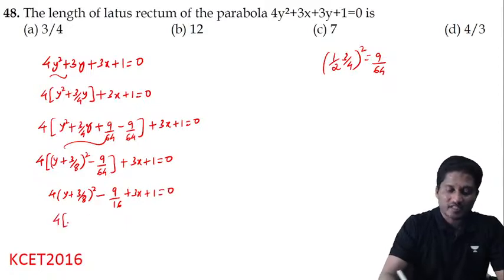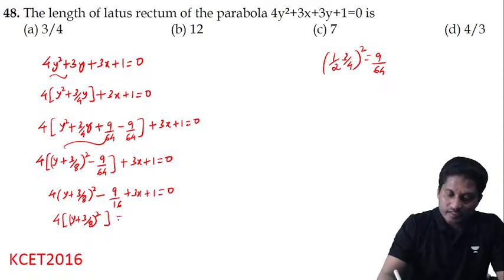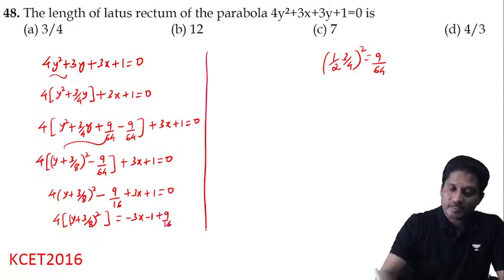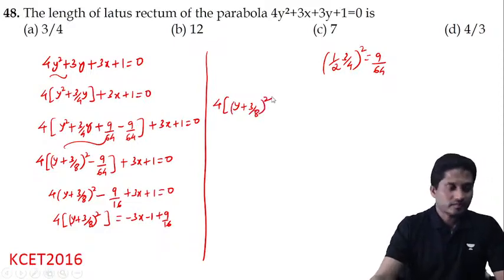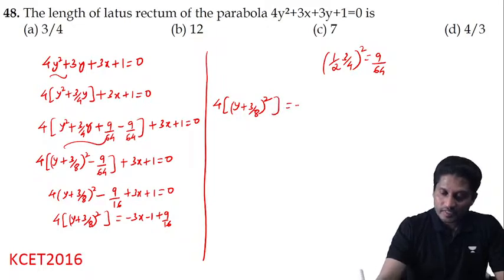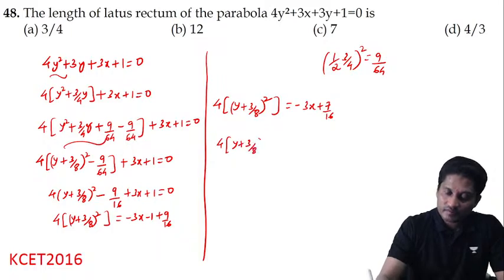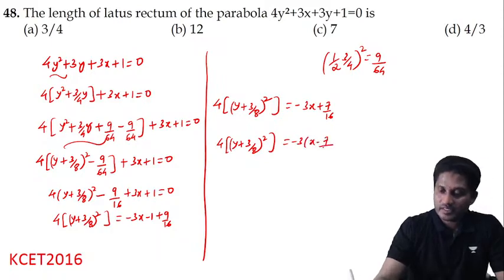You will get sometimes lengthy questions like this. 4 times y plus 3 by 8 the whole square is equal to minus 3x minus 1 plus 9 by 16, that is, minus 3x plus 7 by 16. So 4 into y plus 3 by 8 the whole square equals minus 3, if you take it common, x minus 7 by 48. 16 into 3 is 48.